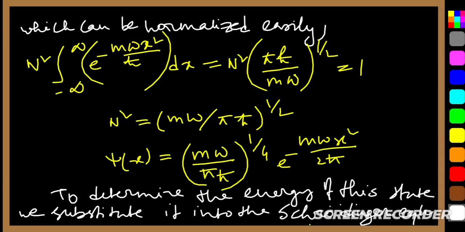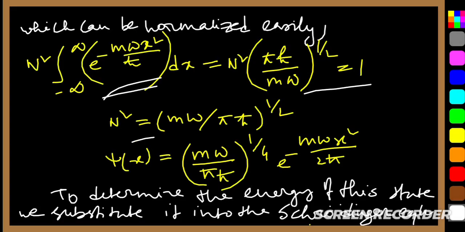This can be normalized easily. The normalization condition is N squared times the integration within the upper and lower limits of ψ into ψ star dx equals 1, that is, e to the power minus mω x squared by ħ dx, and that should be equal to 1.